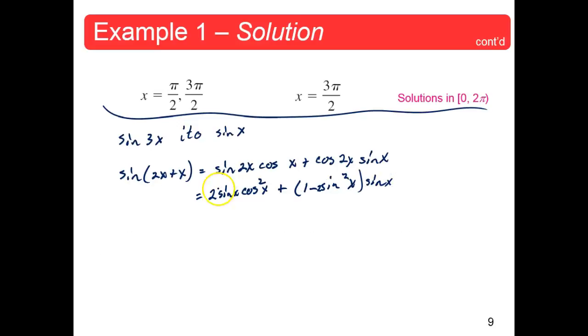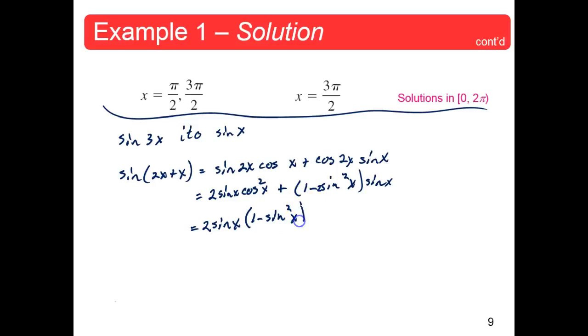Okay. Now, 2 times the sine x, but it says in terms of sine x. And there we have a cosine squared x. Can you write cosine squared x in terms of sine x? Especially since it's squared. Yes, that's 1 minus sine squared x, isn't it? So we'll write that as 1 minus sine squared x.